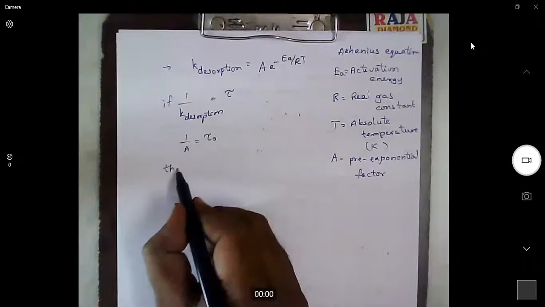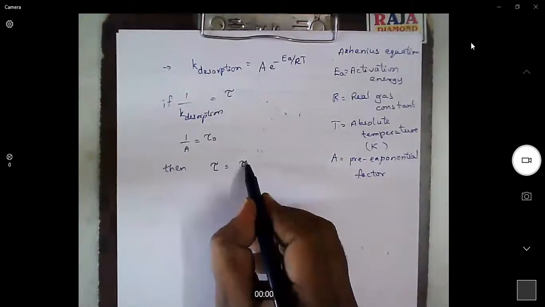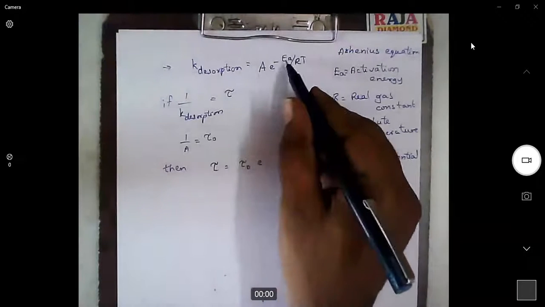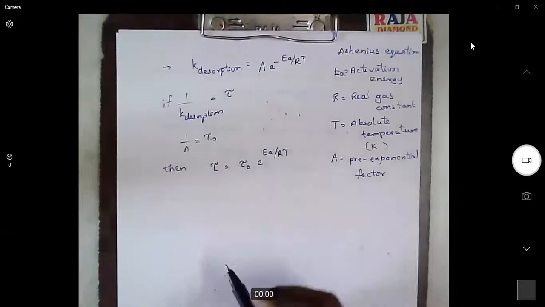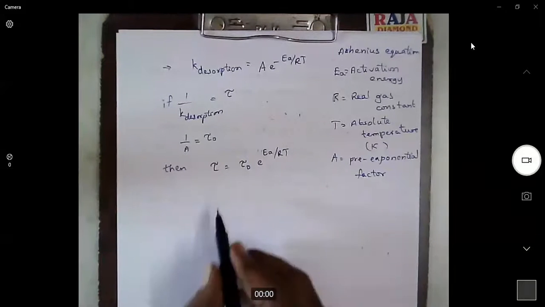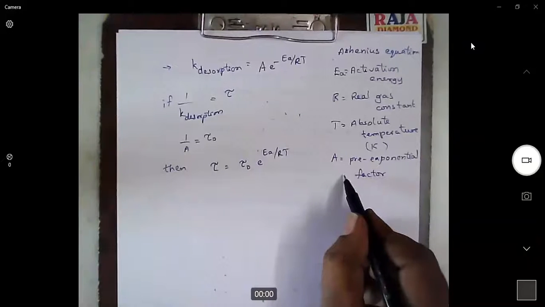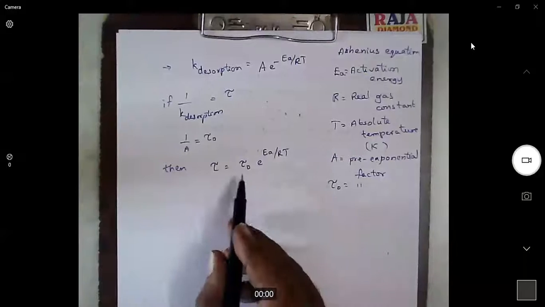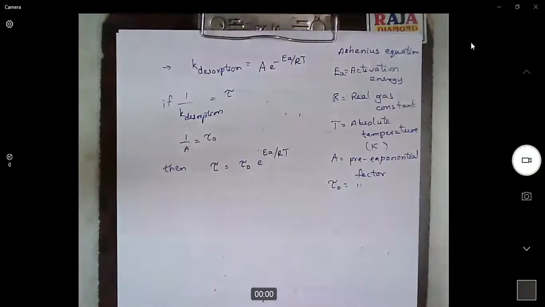Then this equation becomes tau is equal to tau naught into 1 by e power minus, so it becomes e power EA by RT. Here tau naught is derived from A, so tau naught is also called the pre-exponential factor.